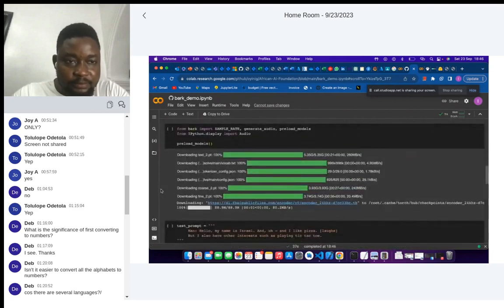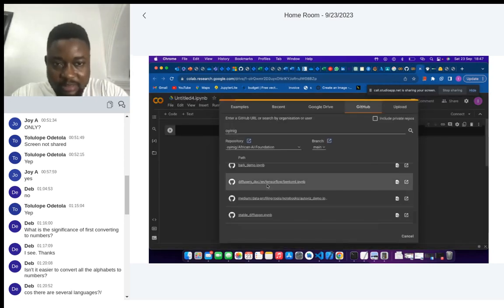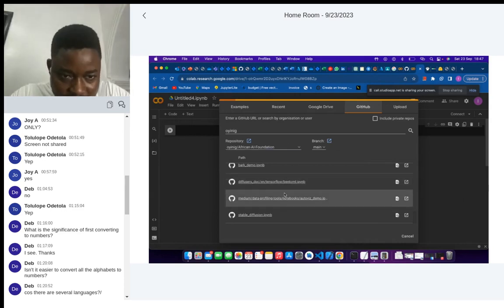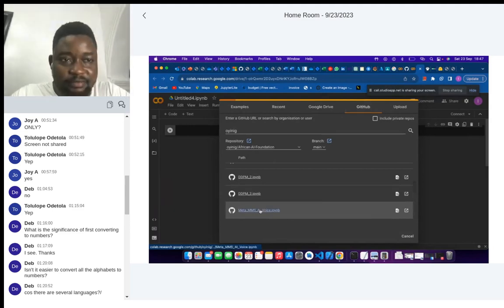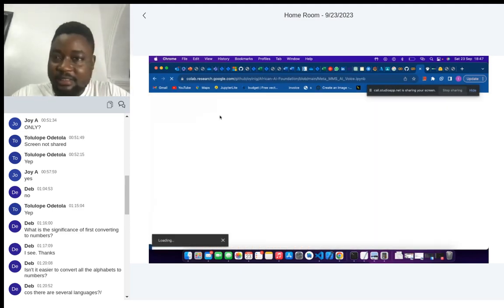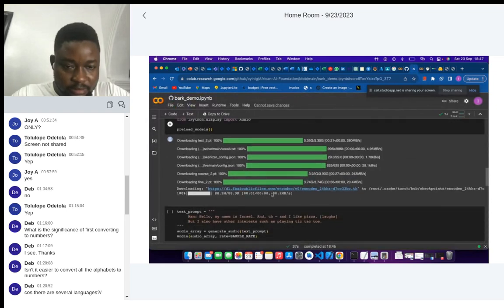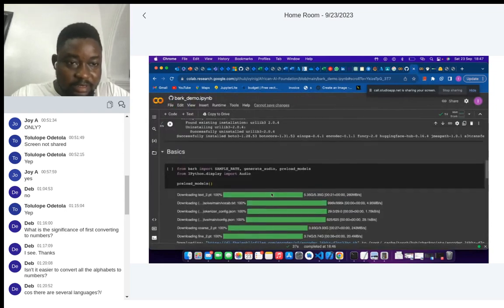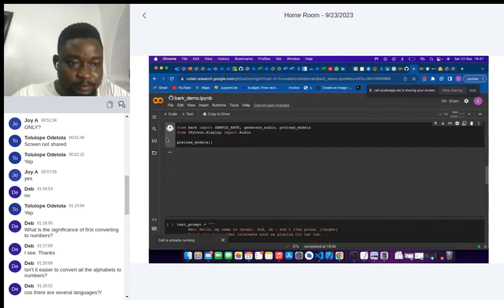So this is a model. This model is called Bark. Okay, let me open this one as well. AI voice. You guys will have a lot of fun using this model.